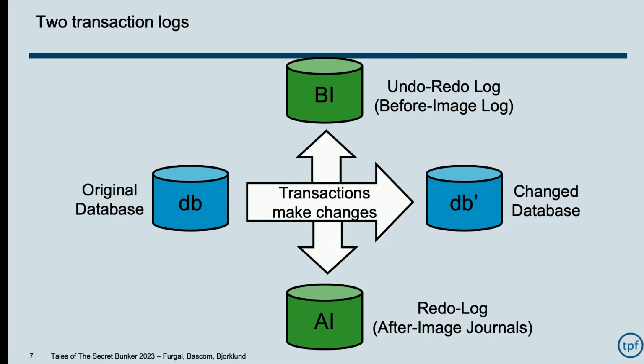And then after enough time has passed, the space gets reused, so data gets overwritten with new data in the before image log. That's not the case for after image logs, though. That's a continuous history of all the changes that are made to the database.